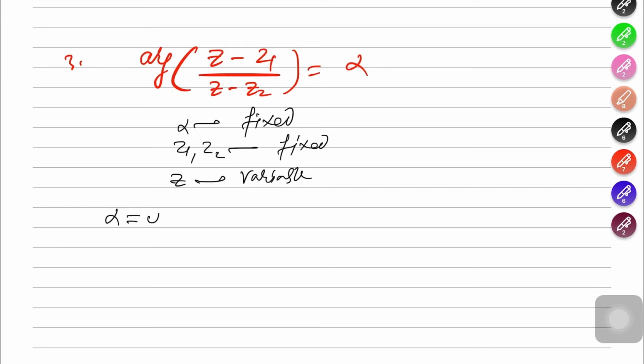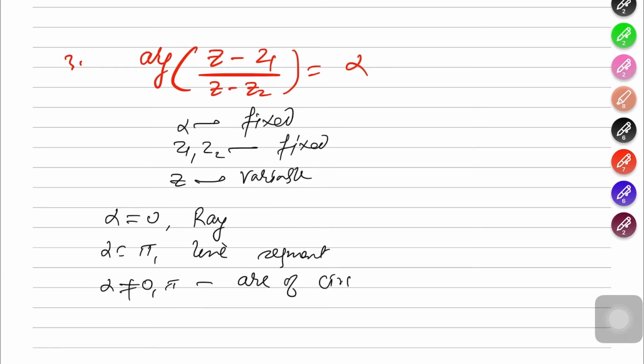Here we'll see when alpha is equal to 0, it represents a ray, when alpha is equal to pi, it represents a line segment, and when alpha is not equal to 0 and pi, it represents an arc of a circle. Mind it, it will not represent the complete circle, just an arc of a circle, a part of a circle.